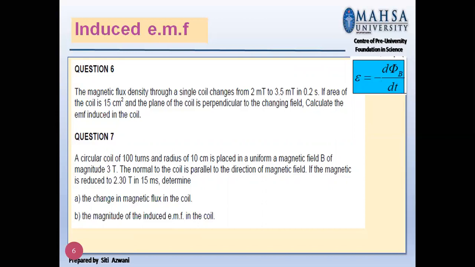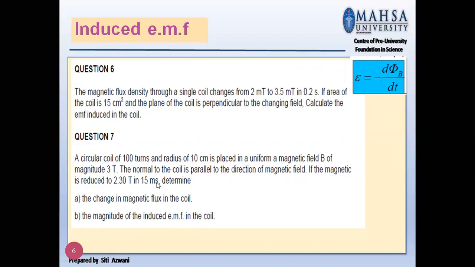So, the angle between the normal to the area and the magnetic field B direction is equal to 0. Then the magnetic field is reduced to 2.30 Tesla in 50 milliseconds.